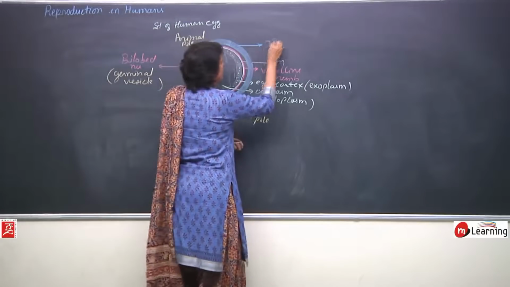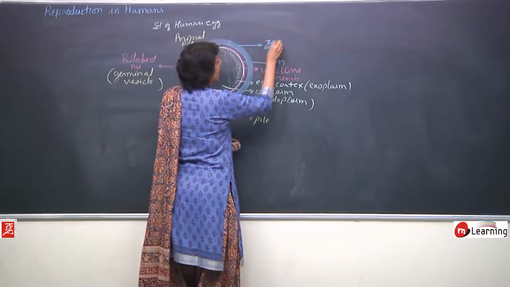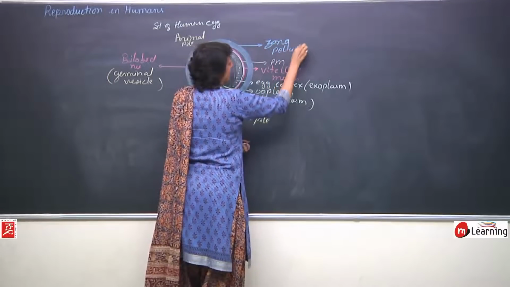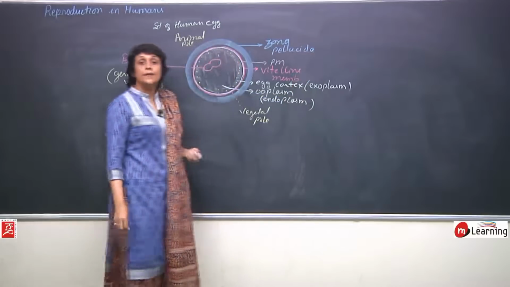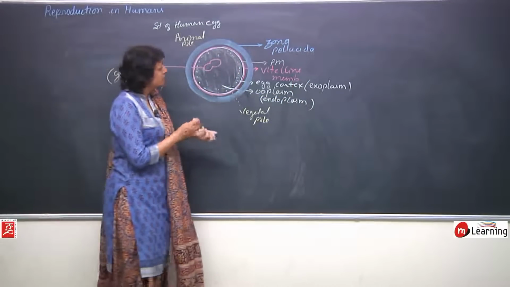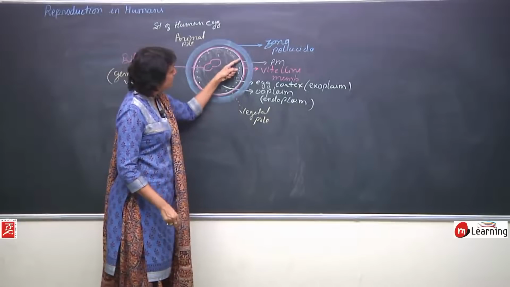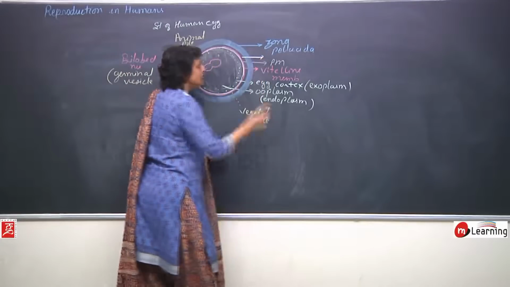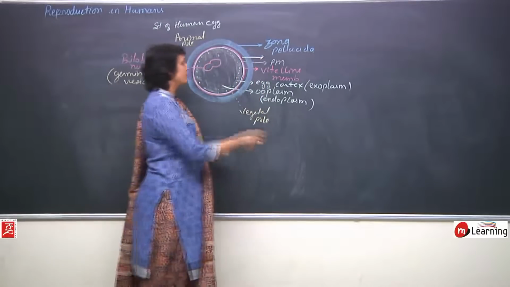It is known as zona pellucida. There is a space between vitelline membrane and this zona pellucida. It is known as perivitelline space.